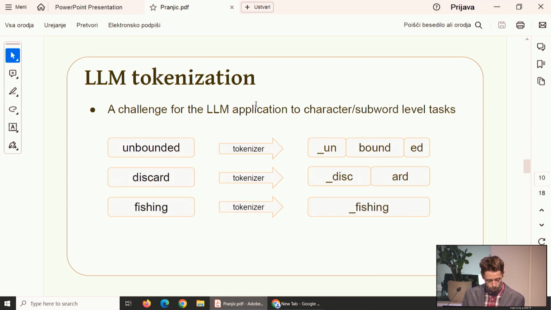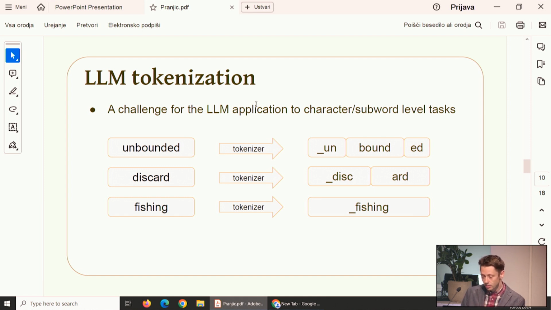So just a short reminder of how the large language models work. They take a complete word and split it into parts that they know how to work with. The problem here is that we do not have much control over how these parts are going to end up. For example, for the word unbounded, it already produces morphemes that are correct.